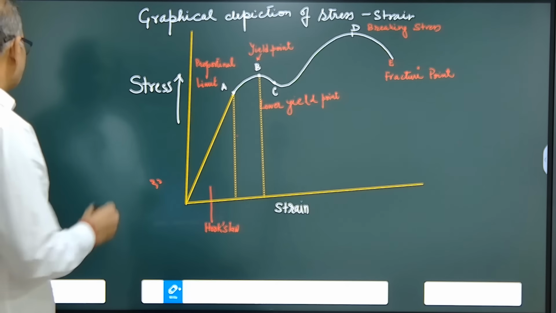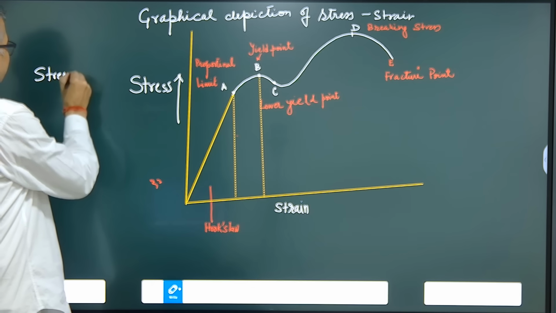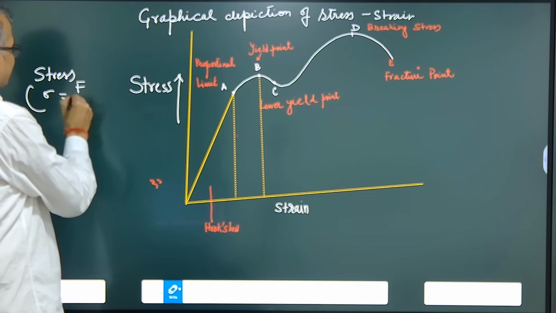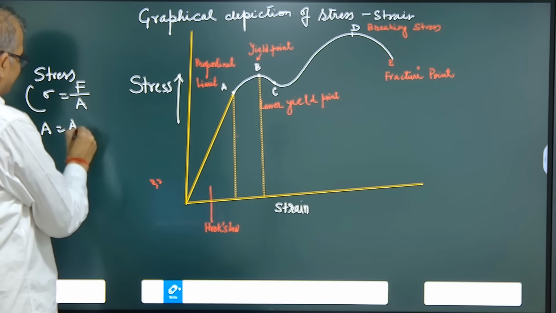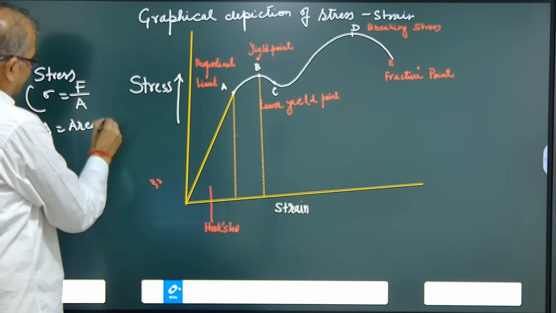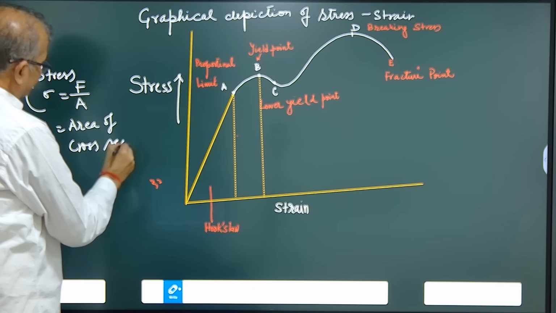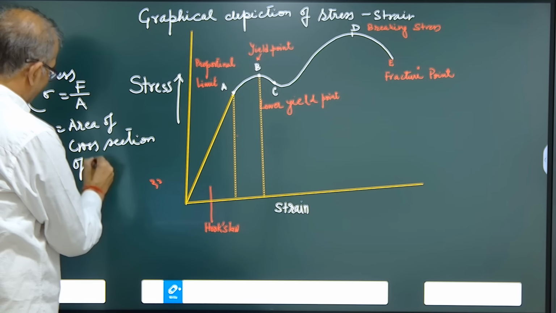Stress, whose symbol is sigma, is force upon A, where A is the area of cross section of the metal or reinforced steel.